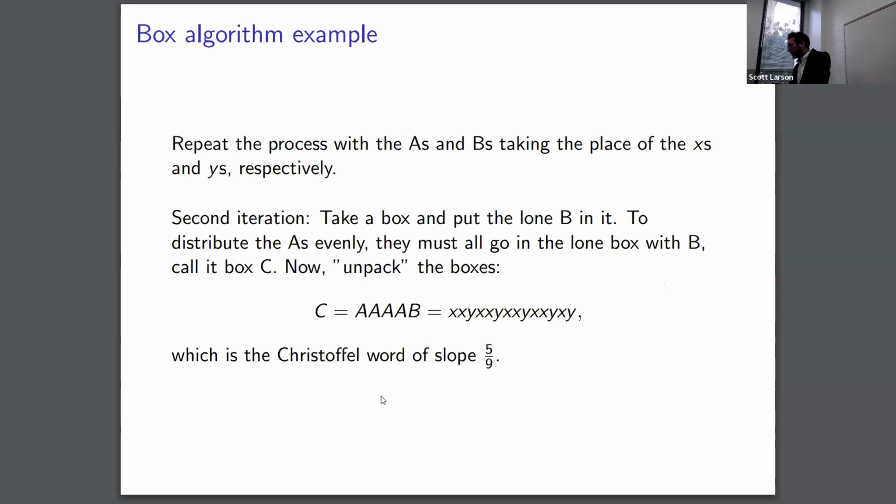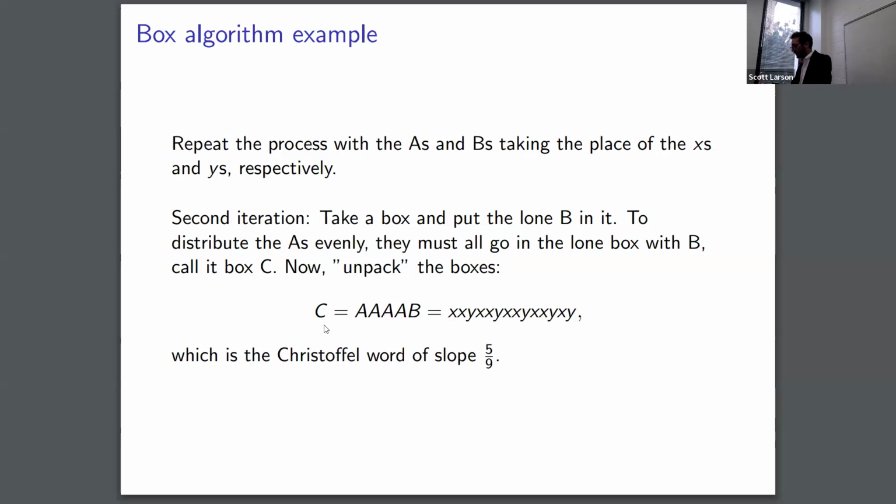Now you just repeat the process and replace the X's and Y's with A's and B's. So now we have 1 B, so we just put the B in a box. And then there's only 1 box, so you put all the A's in that box. So now you have a box C that has A, B in it. And then you unpack the boxes, so to speak.